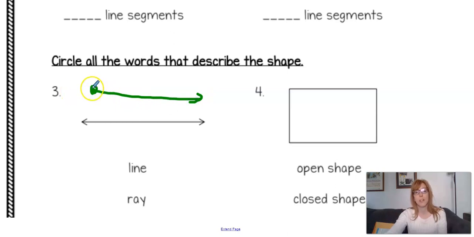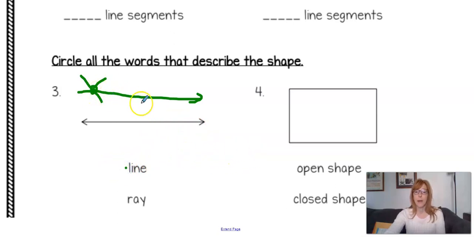So I told you to think about the dot as like the sun, and this would be a ray of light coming out from the sun. So hopefully you see here, this has arrows at both ends, which means it continues on, and so that would be a line.